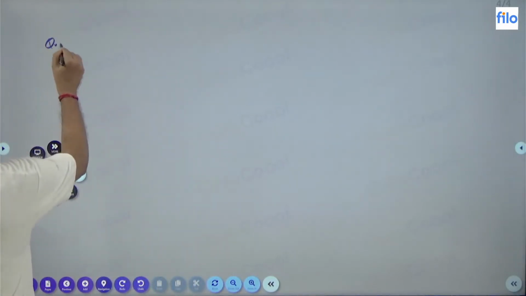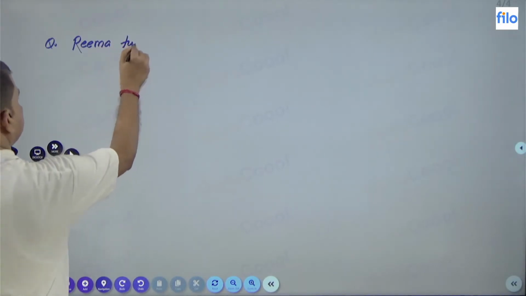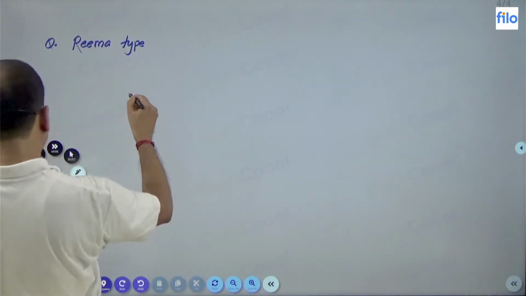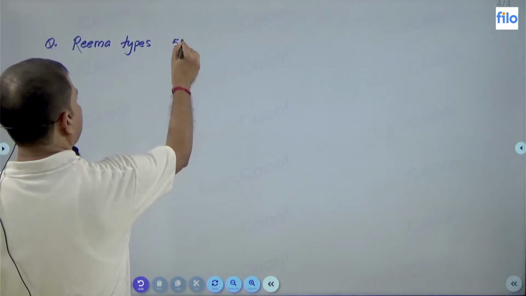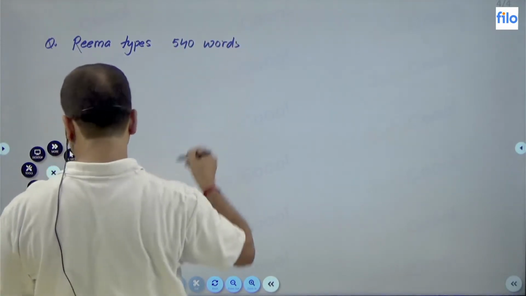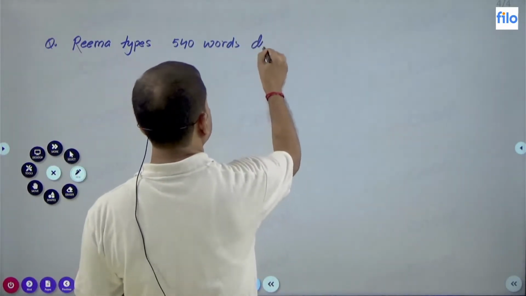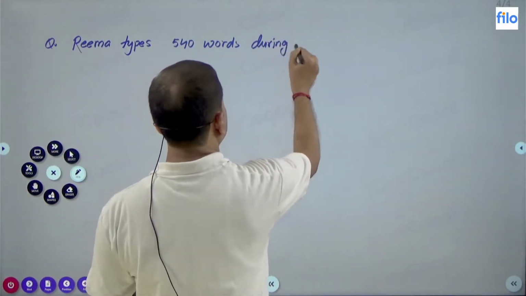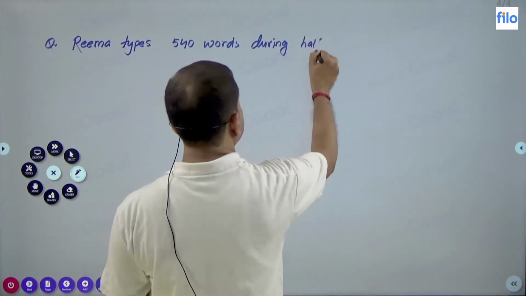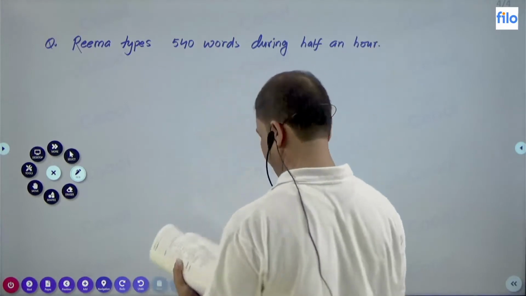So our question is, Rima types 540 words during half an hour.